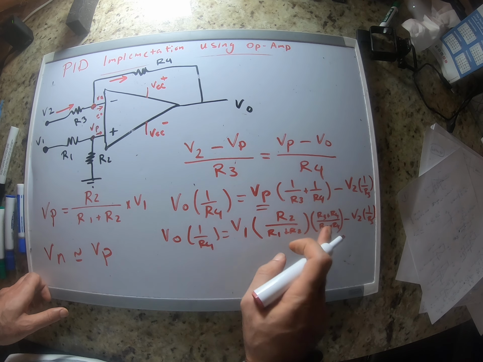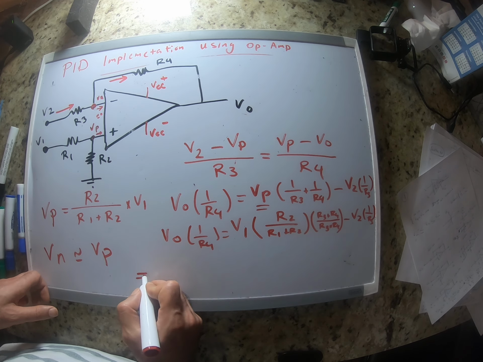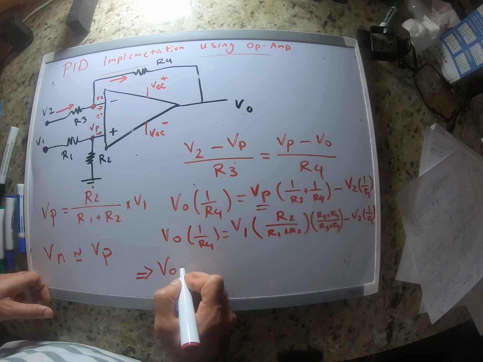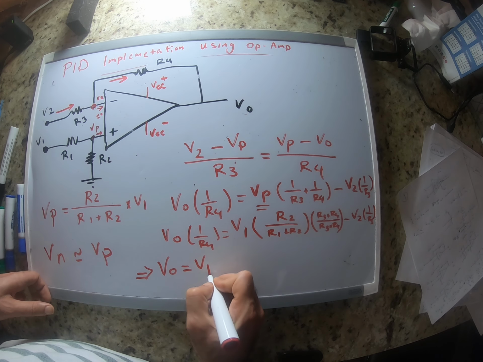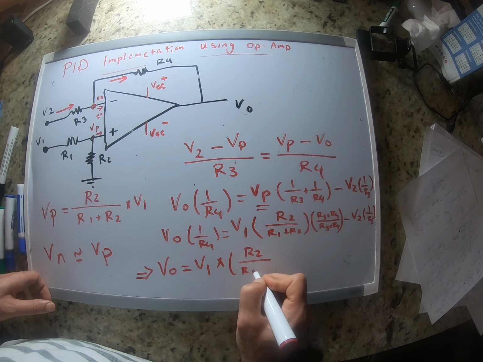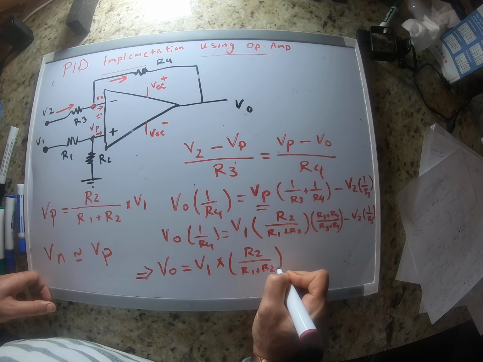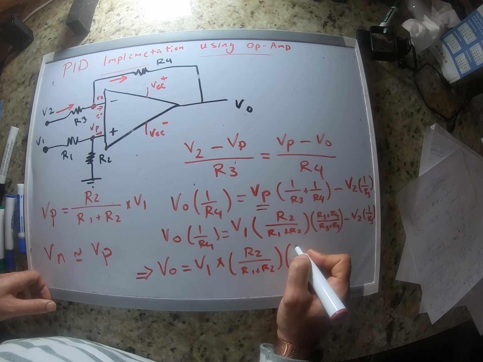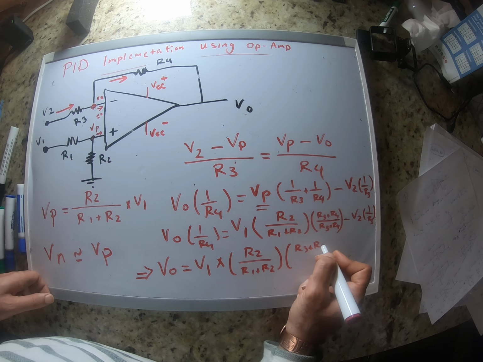Okay, now if I multiply both sides by R4, we have V out is equal to V1 times R2 divided by R1 plus R2 multiplied by R3 plus R4.